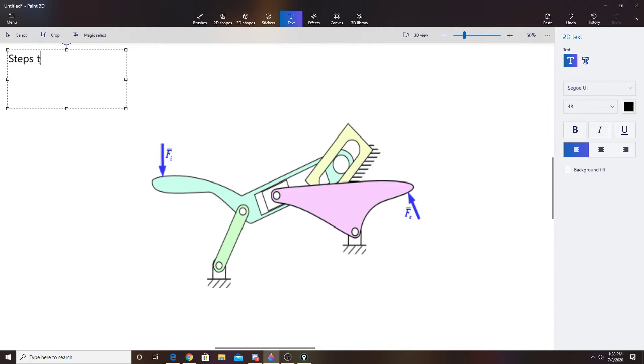So steps to solving mechanical advantage questions, right? So let's get some steps. Number one, what are some of the steps we can go through? What is the first thing we need to know before solving these? I might actually go up with the font size.